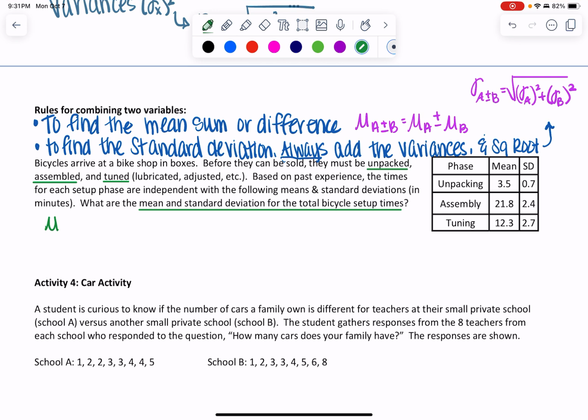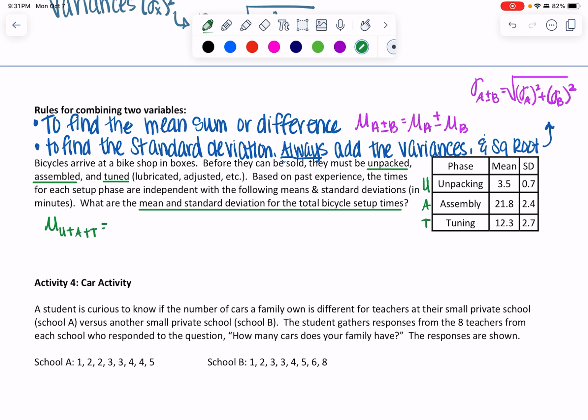When you're doing total, you're doing sum. So this is the mean of, we're going to call this U, A, and T. So that's the mu of U plus A plus T.